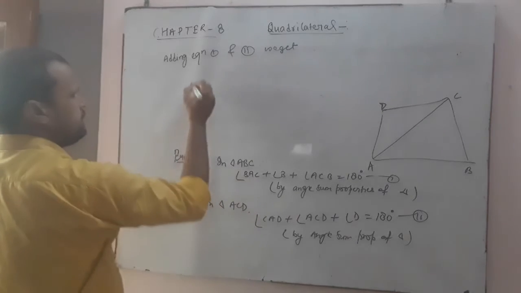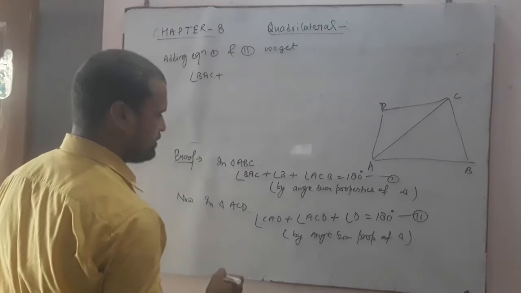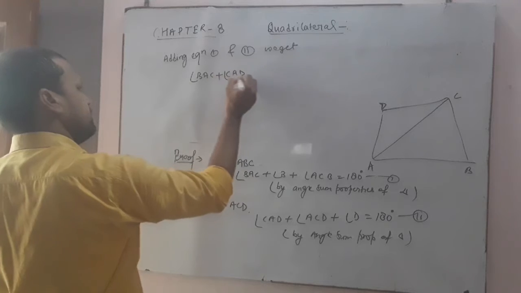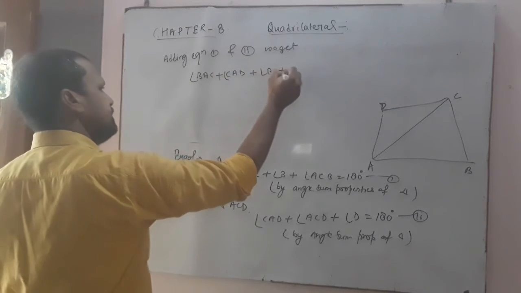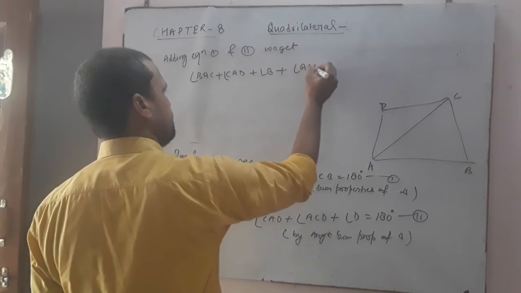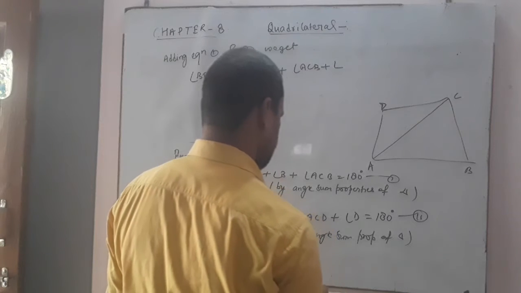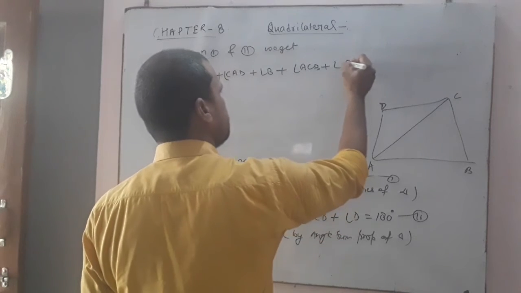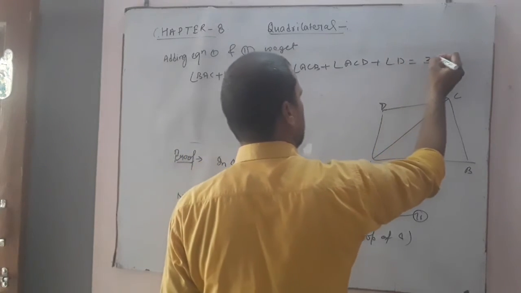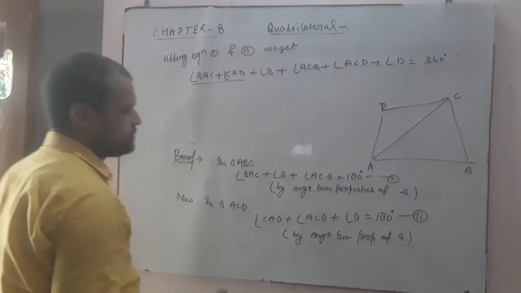angle BAC plus angle CAD plus angle B plus angle ACB plus angle ACD plus angle D equals 360 degrees. What is the value of this?